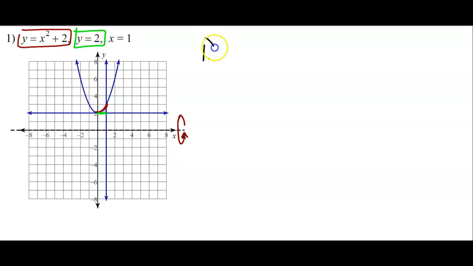Step one, we want to identify our big radius. The big radius is the function that's farthest away from our axis of rotation. So which line is farther away from the axis of rotation, the red one or the green one? As you see, the red one is farther away.